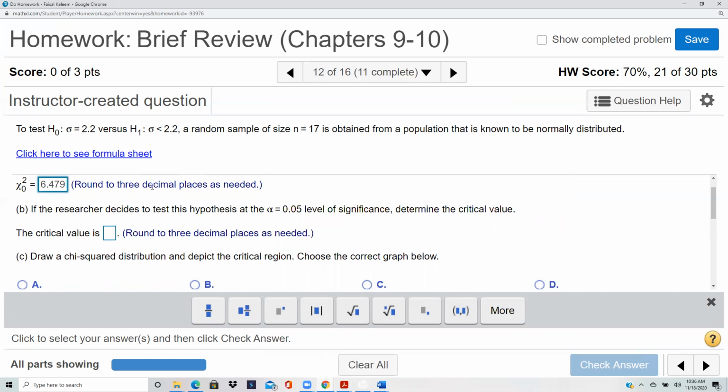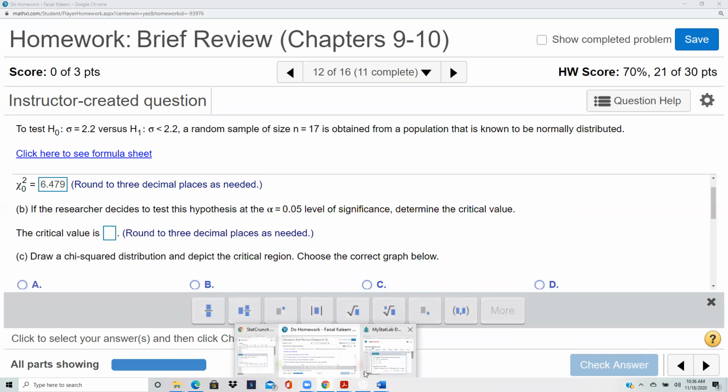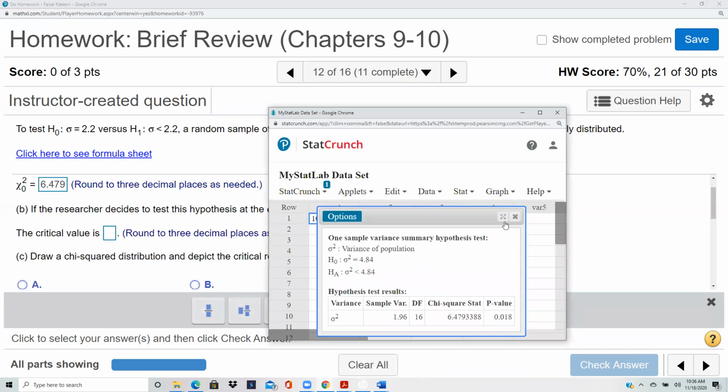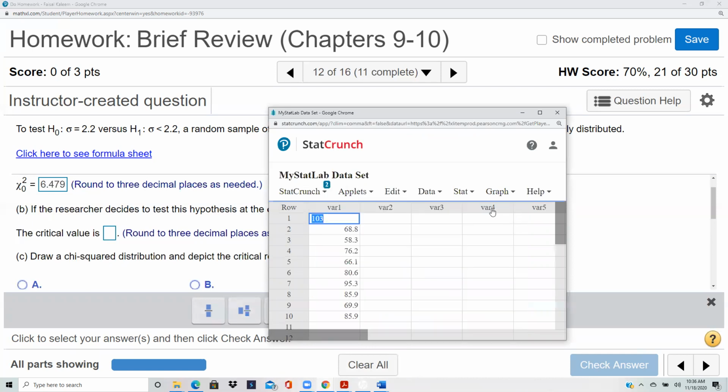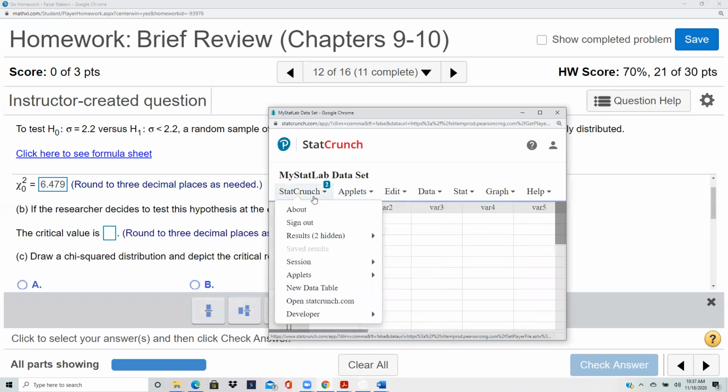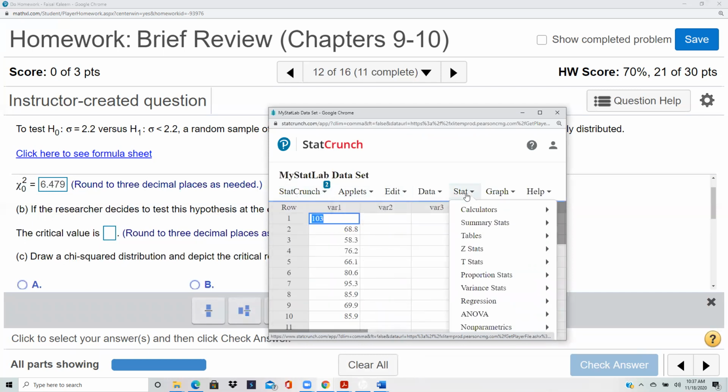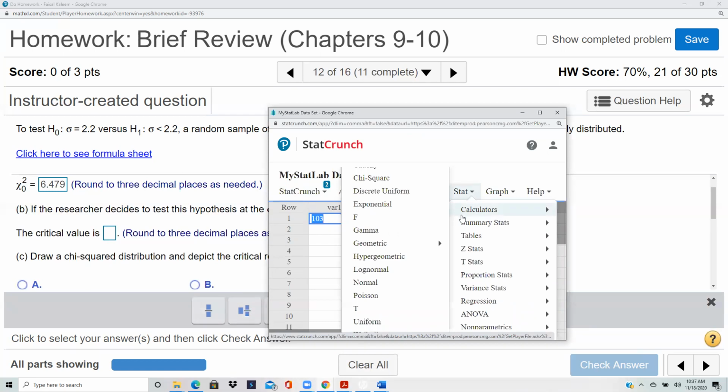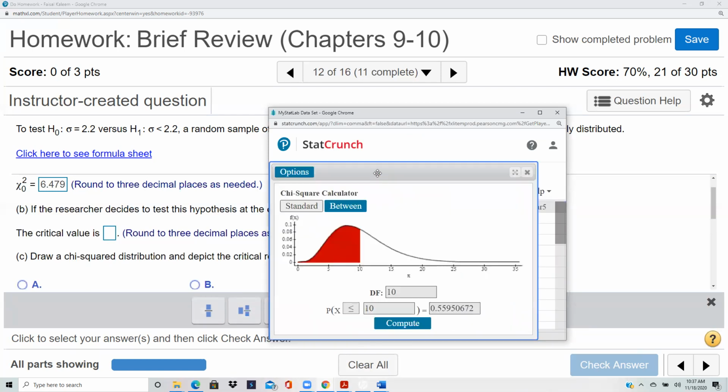Okay, critical value. That's when we use the calculator. Which one? We will use the chi-squared calculator. Zero point zero one eight was the p-value. Okay, and then what do I put?